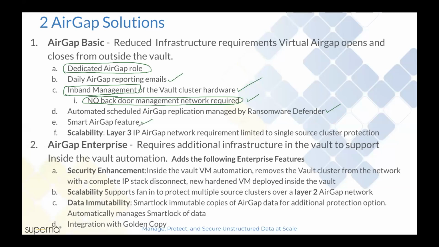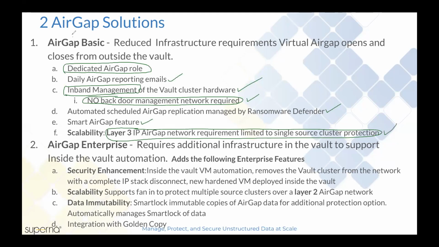And networking is a much bigger topic than we have time for here, but it's going to require a layer 3 hop into the vault. So a little private layer 3 hop. And typically, from a scalability standpoint, best suited to protect a single source cluster.